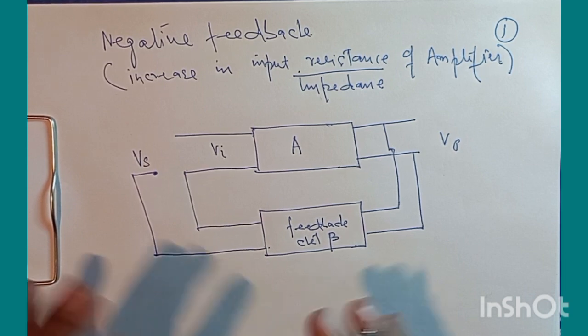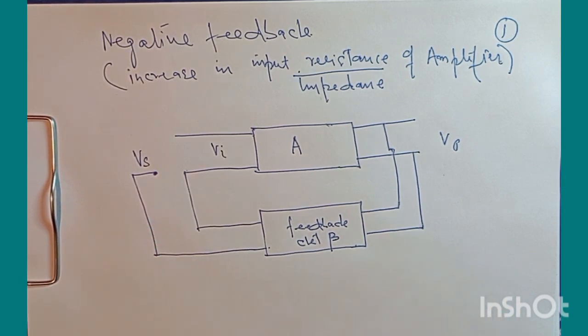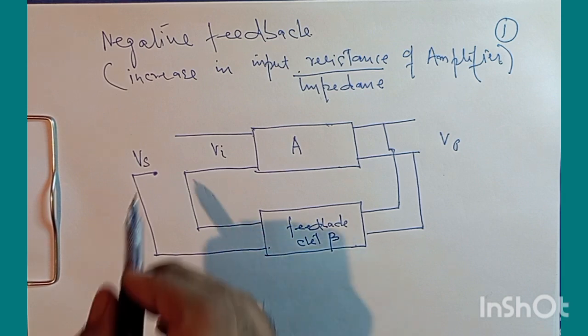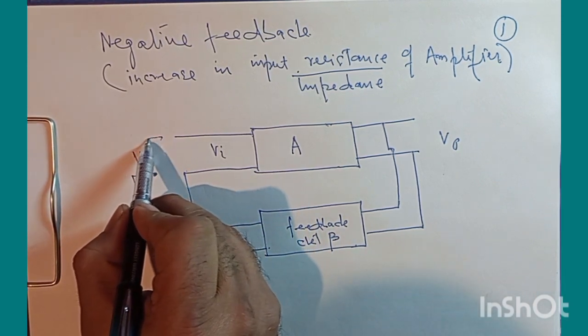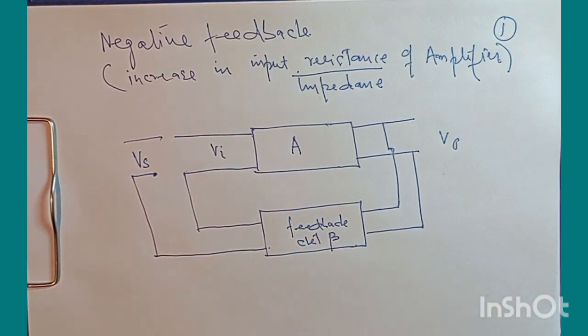So this is the simplest way of drawing a block diagram of feedback amplifiers. And here we are talking about negative feedback.